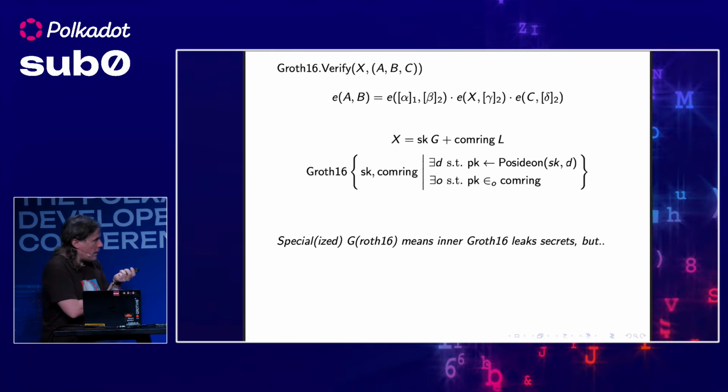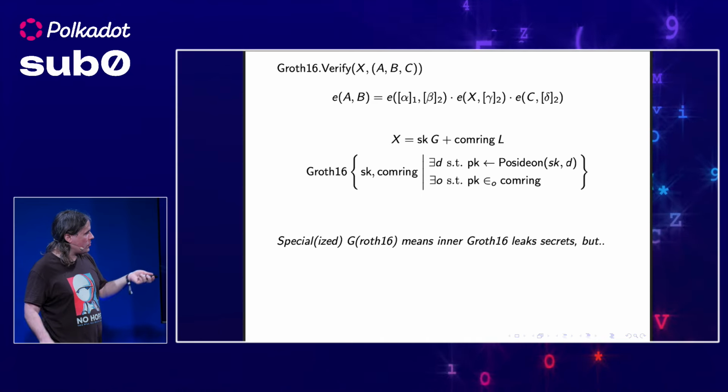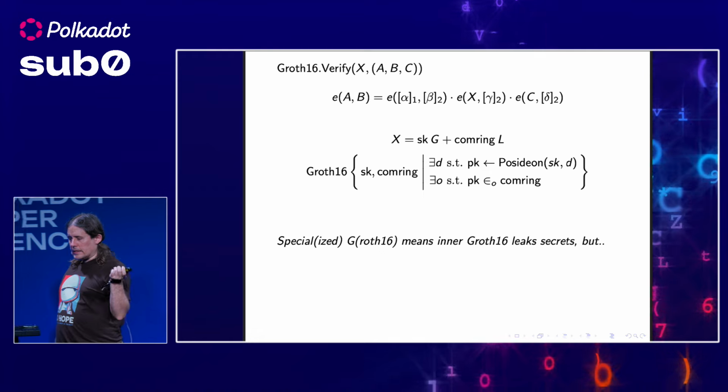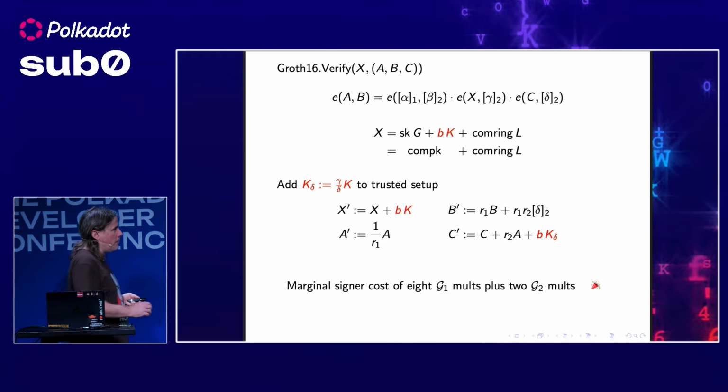In general, this is a ZK continuation, which I call specialized Groth16, or special G for short. It means we're going to have some inner Groth16 that leaks secrets, but then we're going to have modified its trusted setup.